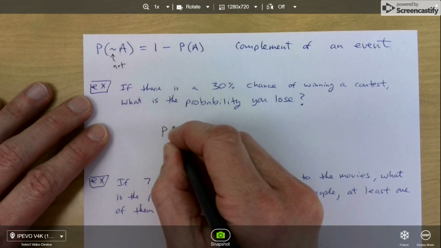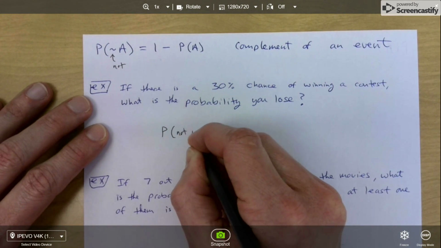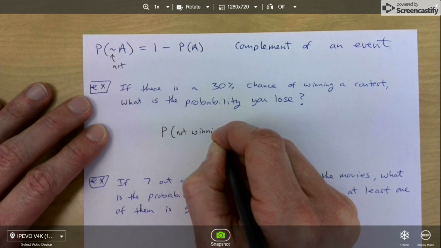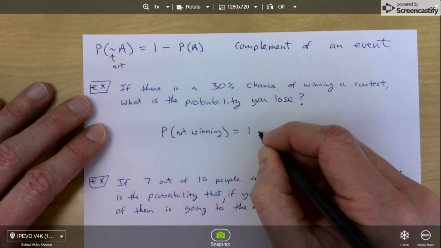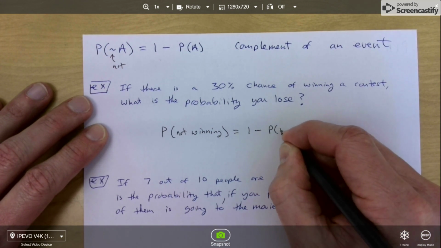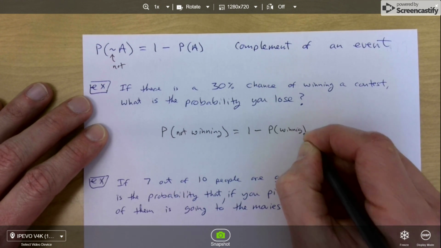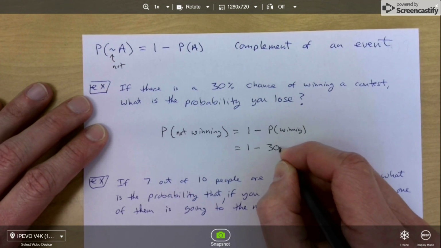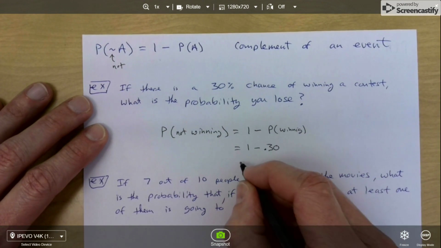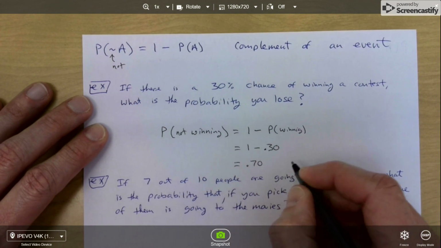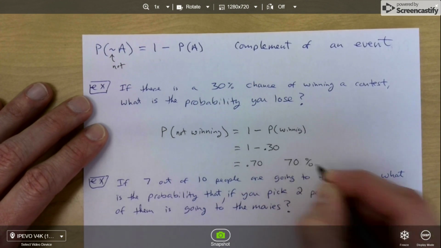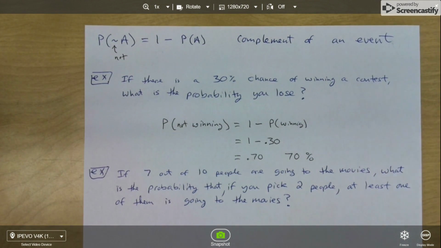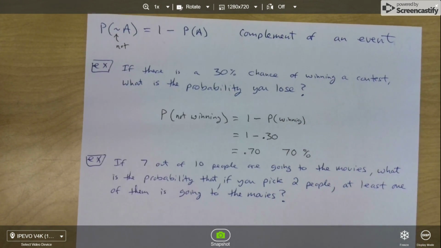Well, that's the probability of not winning, right? So probability of not winning is 1 minus the probability of winning. Well, in this case, it's 1 minus a 30% chance, or 0.3, which is going to be 0.70, or 70%. Right? So all you have to do is subtract it from 100. And you know that. This is just showing you how it works out.